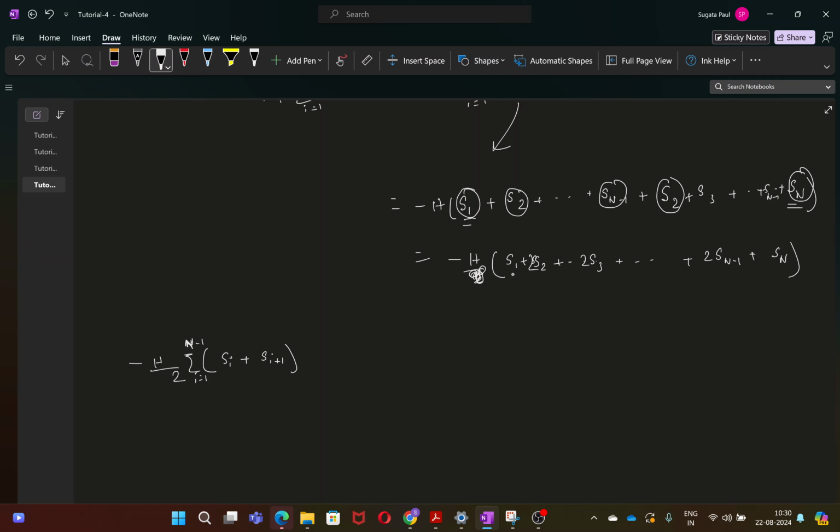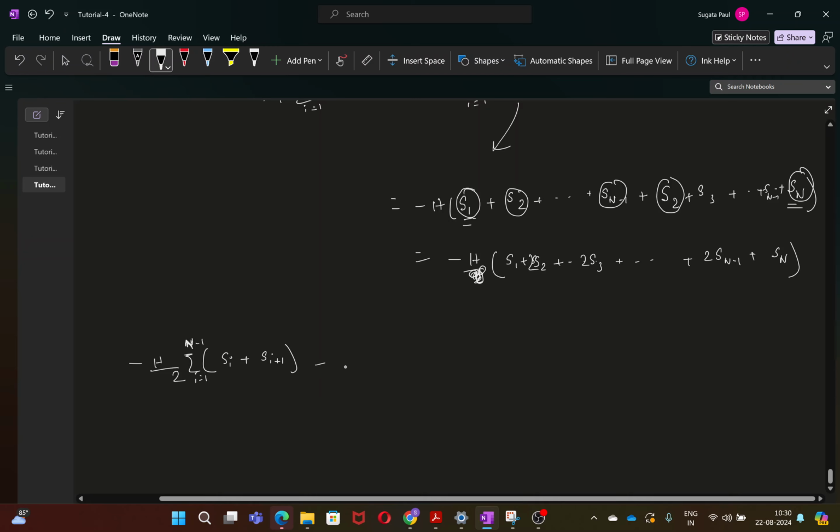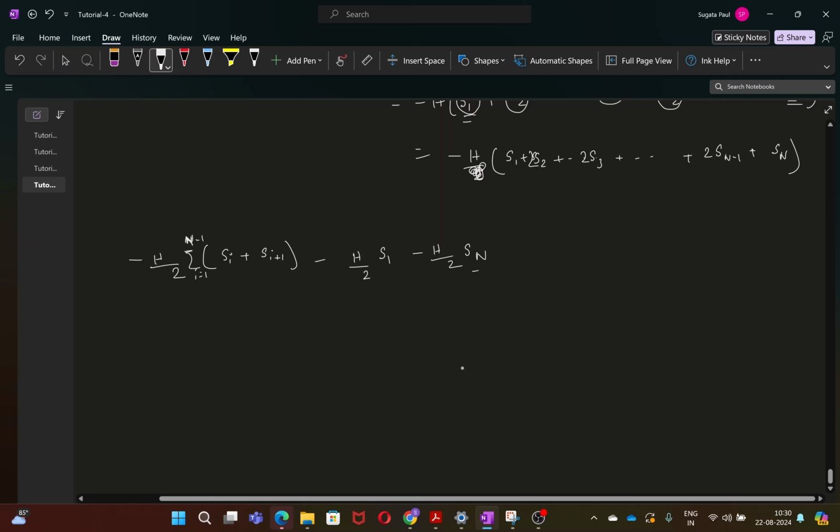But you will also end up with a minus h S1 by 2 and minus h Sn by 2 as an extra factor. So we have to compensate for that, right? So for that, we take out the other two terms as minus h by 2 S1 and minus h by 2 Sn.